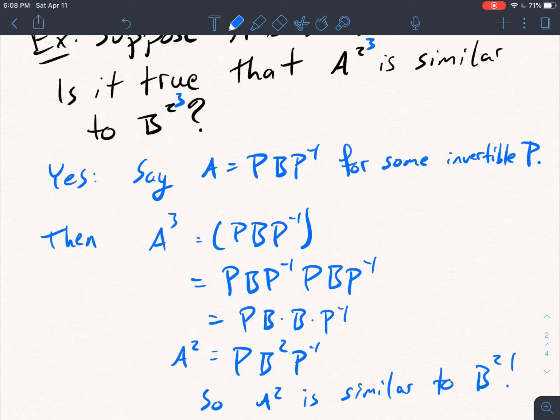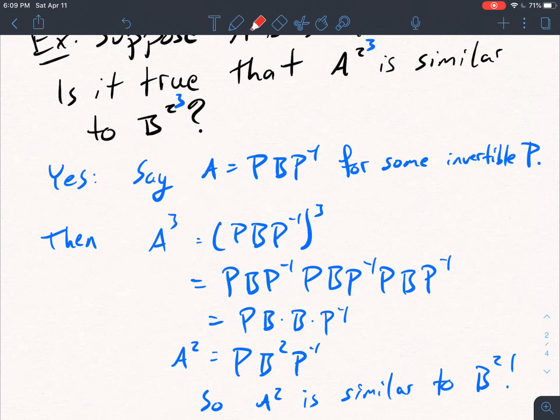What if I ask this question for A cubed and B cubed? How would this change? Well, you could instead cube both sides, and then over here you get P B P inverse again, and then what happens here? Well, let's see.